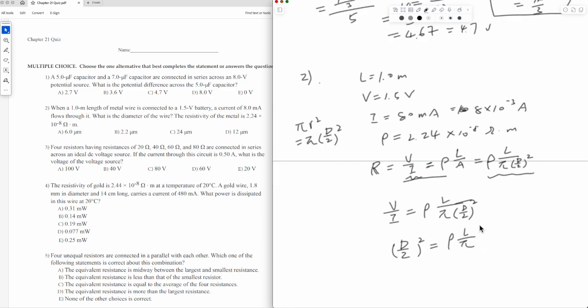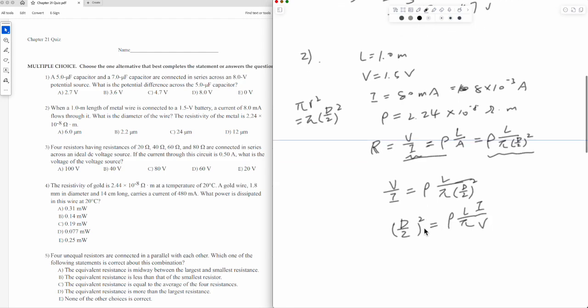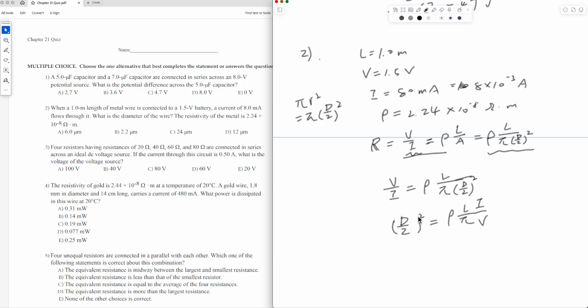And then times current divided by voltage, all right? So what is d here? First you do square root, right? d over 2 equal to square root of rho L I over pi V, and then d equal to, you see, times 2 here, all right? So you plug in everything, right?